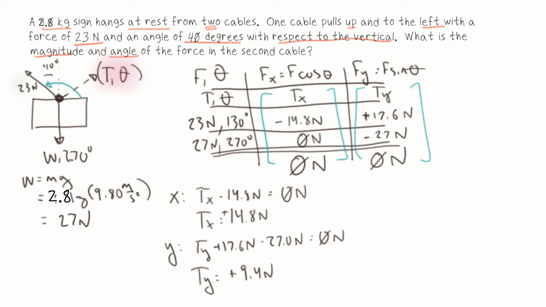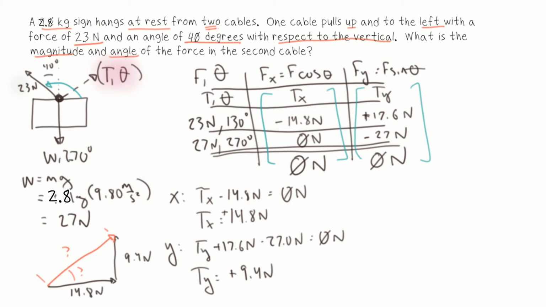All right. From here, we have an x and a y. So realistically, what we've done is we have an x value and a y value. We know that it goes over 14.8. It goes up 9.4. So we are interested in solving for the magnitude and the angle. And again, if this is new to you, I encourage you to go check out the series I did on vector math.